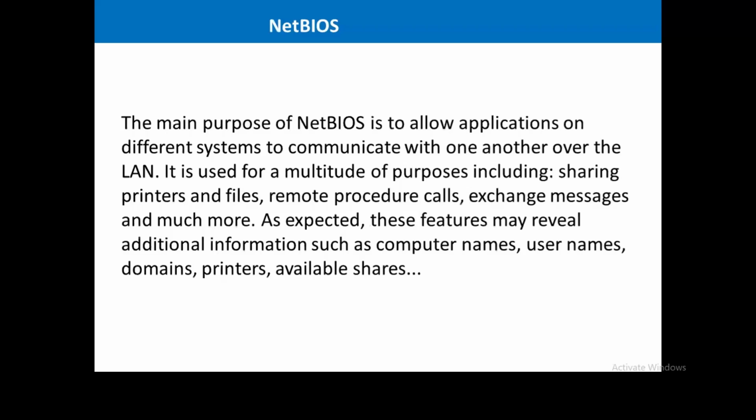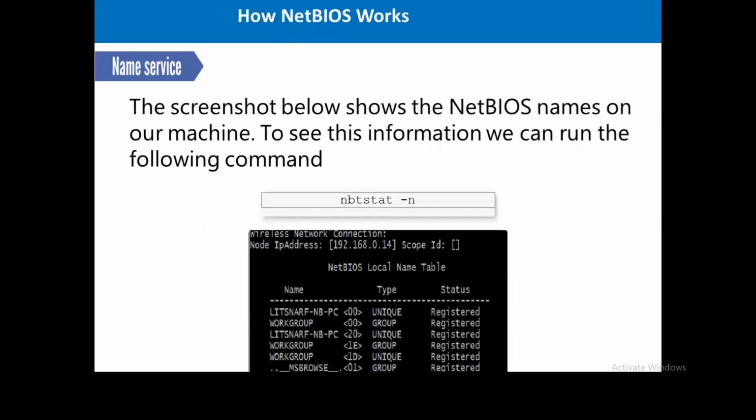So the main purpose of NetBIOS is to allow applications on different systems to communicate with one another over the LAN. It is used for a multitude of purposes, including sharing printers and files, remote procedure calls, exchanging messages, and much more. As expected, these features may reveal additional information such as computer names, usernames, domains, printers, and available shares.